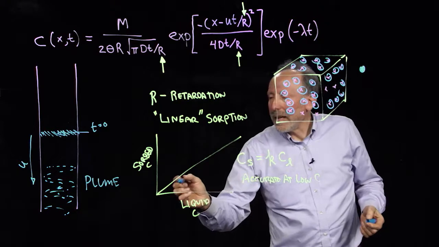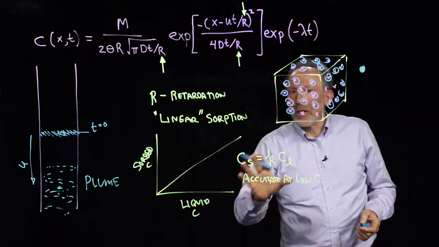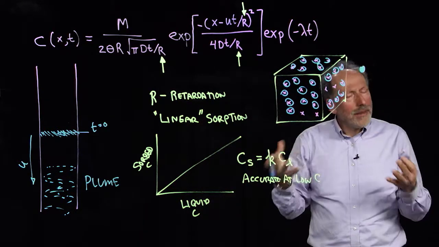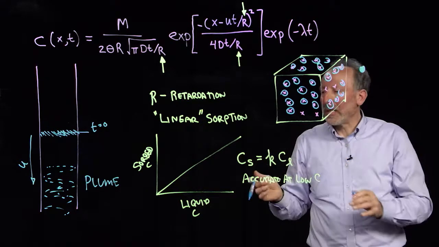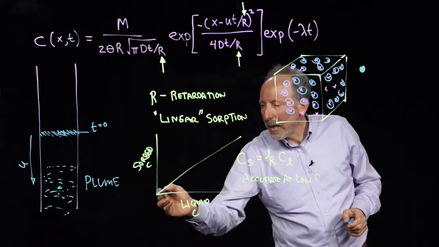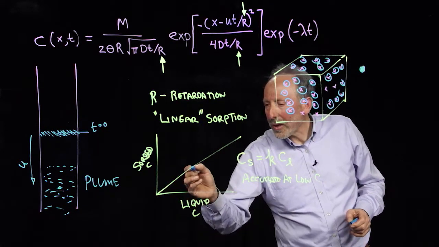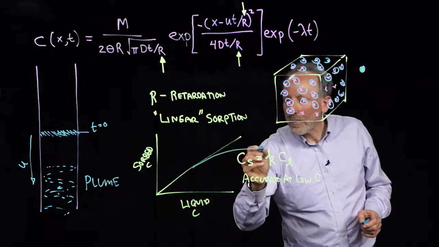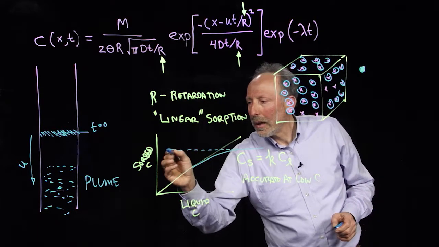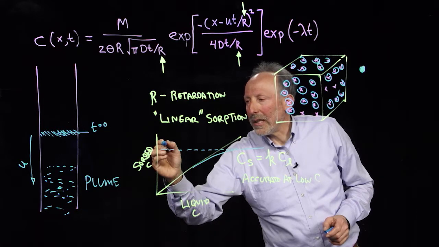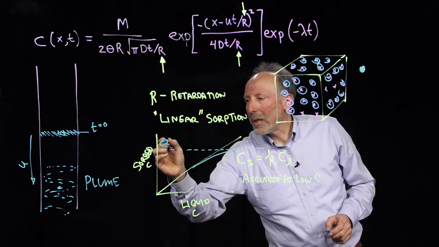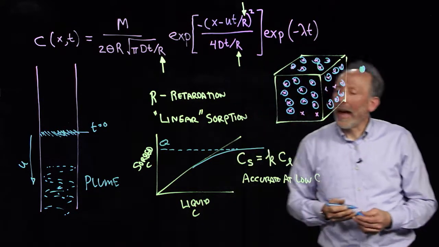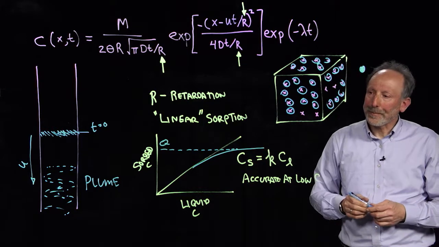So what we see then is that linear sorption, when there's only a few sites, then the probability of new sorption is held constant. But as we get to higher concentration, in fact, this curve goes to a maximum, which is the total, we use a Q typically, is the total sorption capacity of that material.